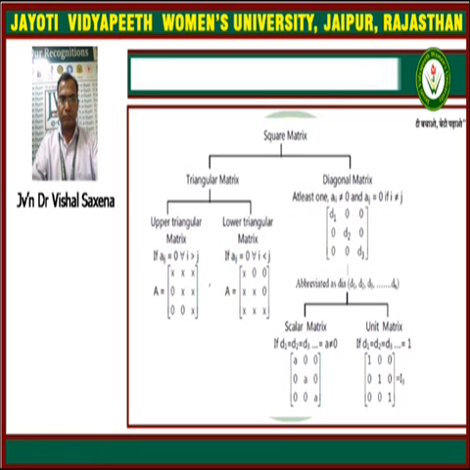In a scalar matrix, all the elements of the diagonal are same, like A, while in the unit matrix, all the elements of the diagonal are 1. The unit matrix and the scalar matrix are the parts of the diagonal matrix.